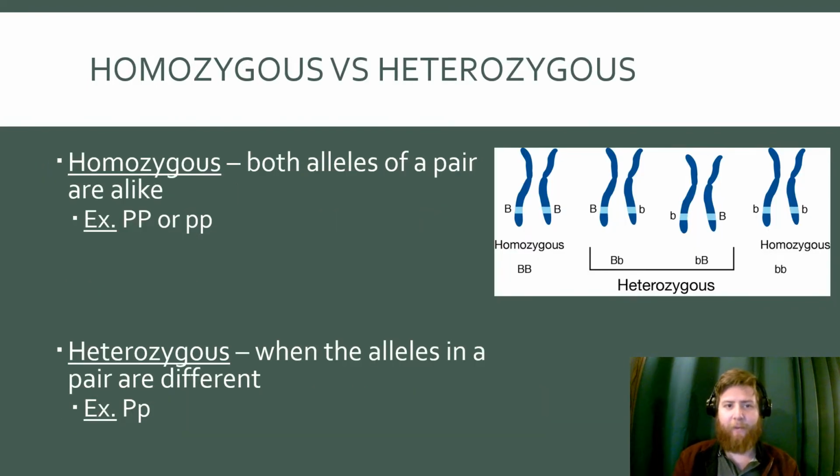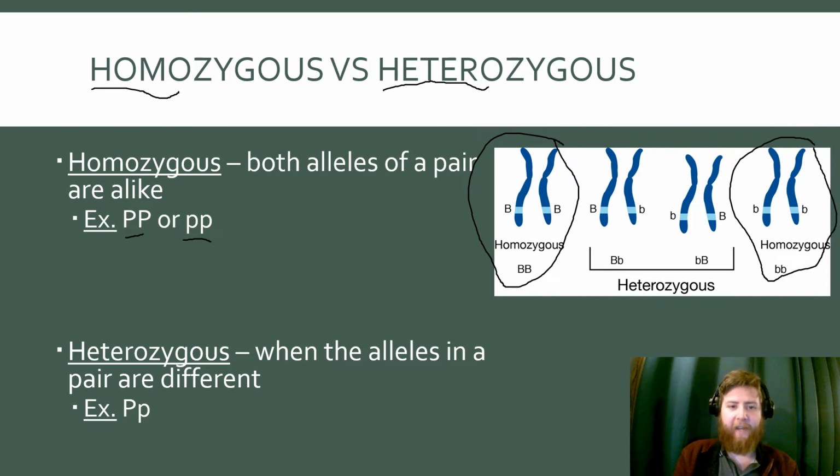When we talk about chromosomes, we can talk about whether they're homozygous or heterozygous. Homo means same, and hetero means different. So same genes, different genes. Homozygous means both alleles of the pair are the same. Example, big P, big P, or little p, little p. Homozygous here would be this one and this one.